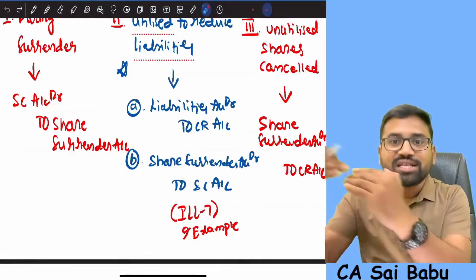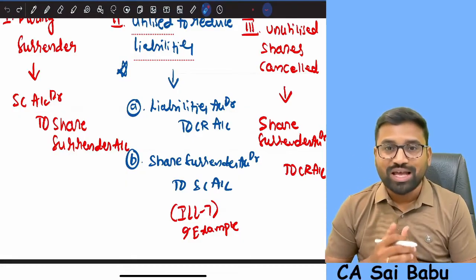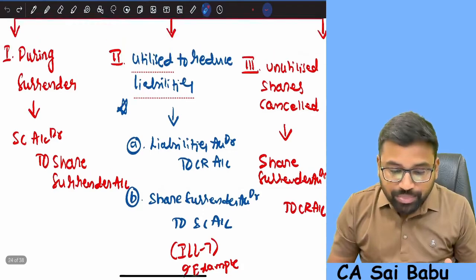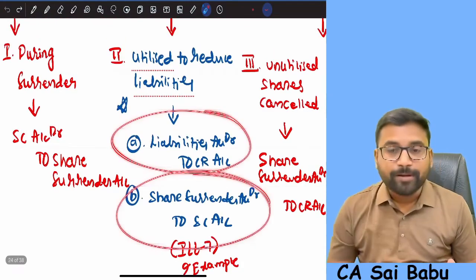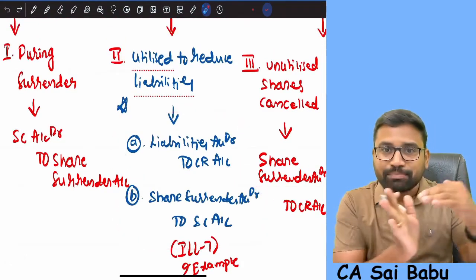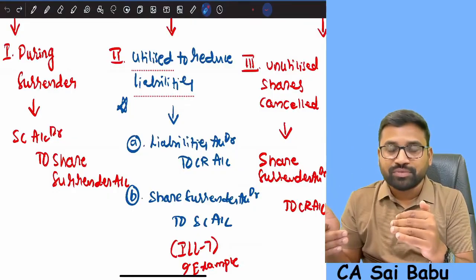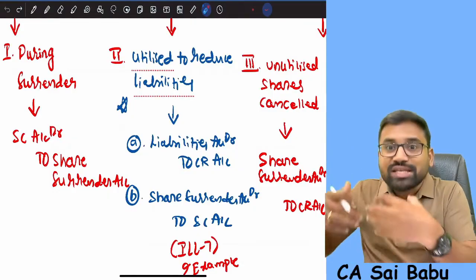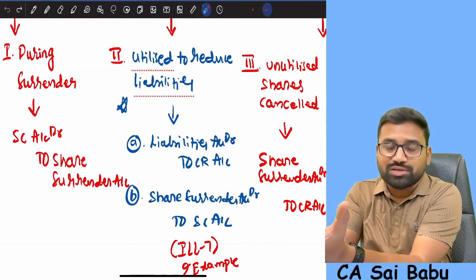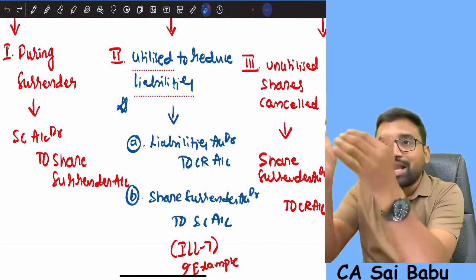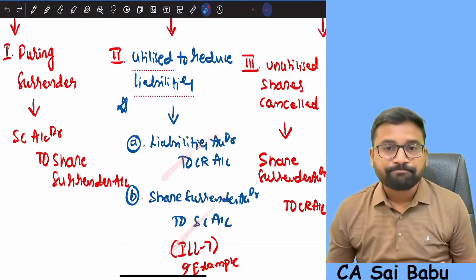Now these shares are issued to settle the liabilities. So liabilities to capital reduction account. So important: first share capital to share surrender, then share surrender to share capital, either equity or preference. Now these shares we are issuing to the debenture holders or liability holders. So liabilities to capital reduction account.